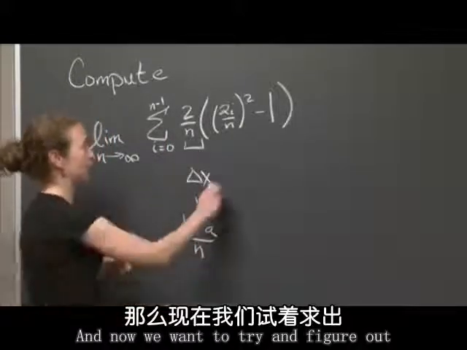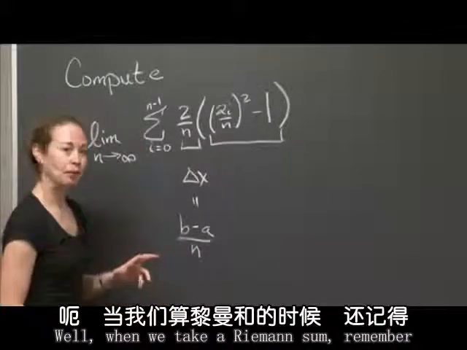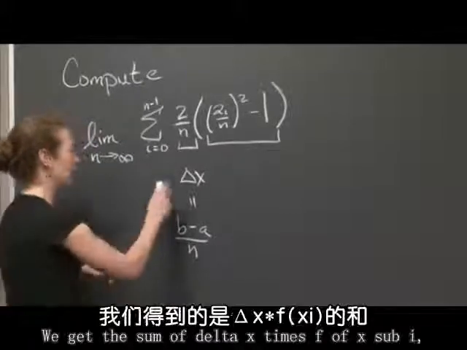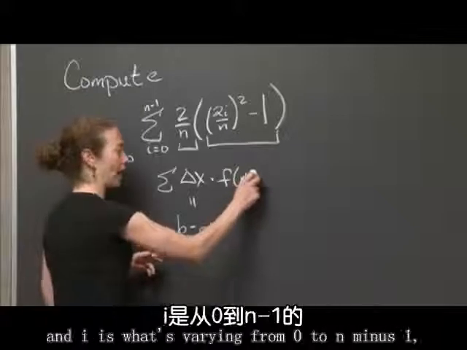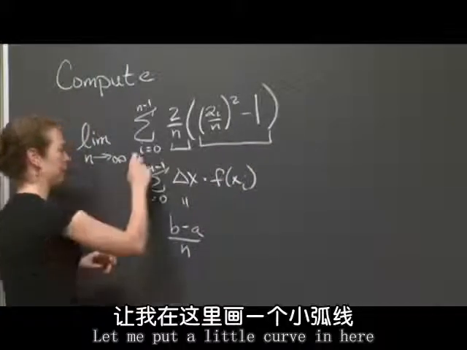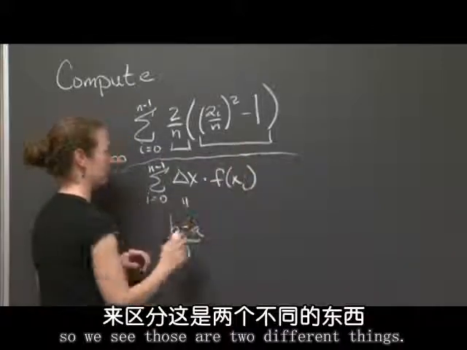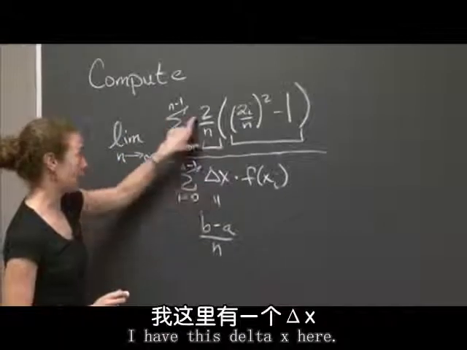And now we want to try and figure out, well, what is this? When we take a Riemann sum, remember what we get: the sum of delta x times f of x sub i, right? And i is what's varying from 0 to n minus 1. So this is i equals 0 to n minus 1. I have this delta x here.